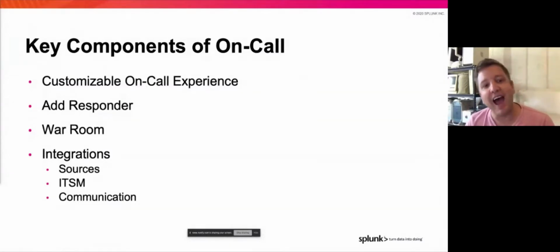And it needs to have integrations with communication tools, input sources from the observability platform, ITSM, which is bidirectional with your ticketing system, as well as communication and collaboration tools like Slack and Teams.